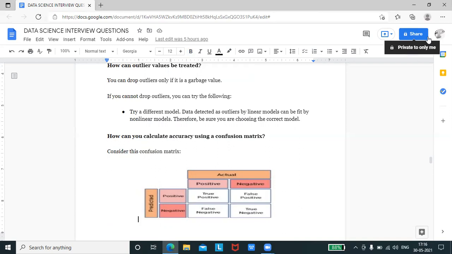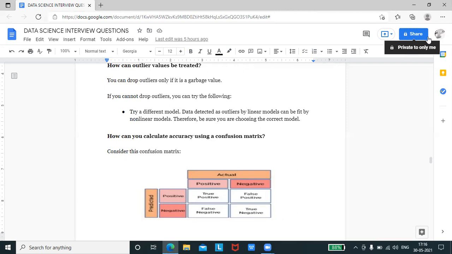Next is, how can we calculate accuracy using a confusion matrix? The confusion matrix is a very, very important concept in machine learning and data science. It's used to measure the accuracy of a classification model.